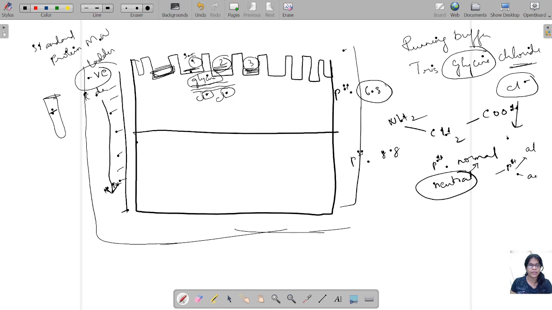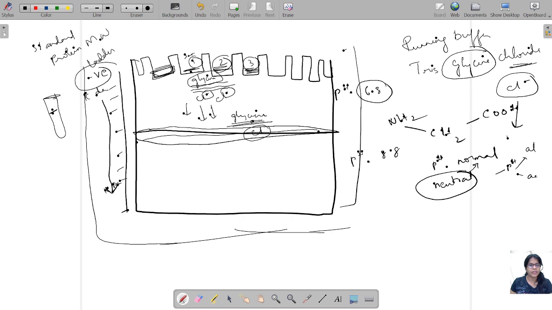So chloride ions move faster and reach the end of the stacking gel. Then chloride ions are at the base, proteins to be separated in the middle, and glycine at the top.